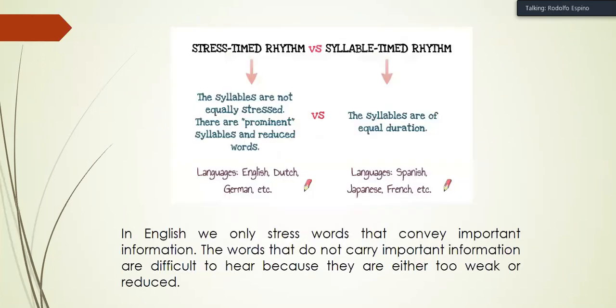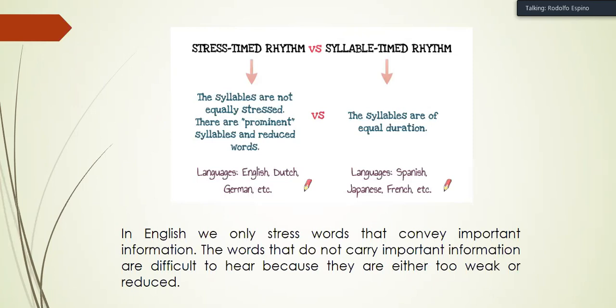As I said before, in a sentence you only stress words that convey or transmit important information. That is what we call in linguistics stress-timed rhythm. The syllables that belong to important words are the ones that we will stress.